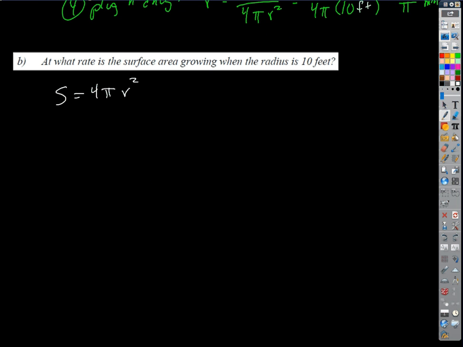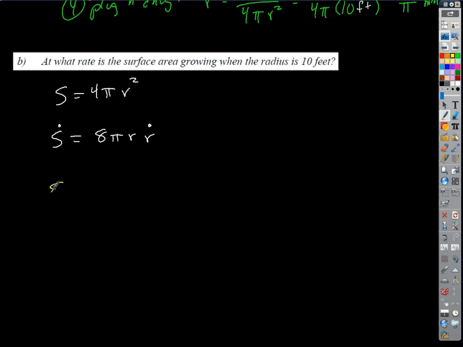Differentiate implicitly with respect to t. So what are we going to get on the left side? S dot. Okay, over here, 8 pi r times r dot. And we're trying to find S dot, the rate at which the surface area is growing. And so now we don't have to do any algebra, we just plug and chug.